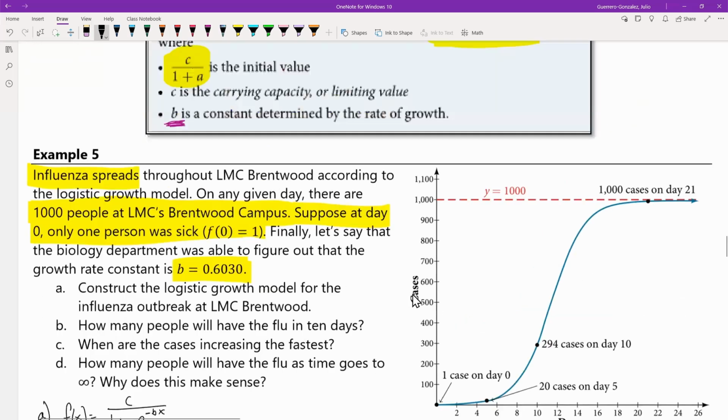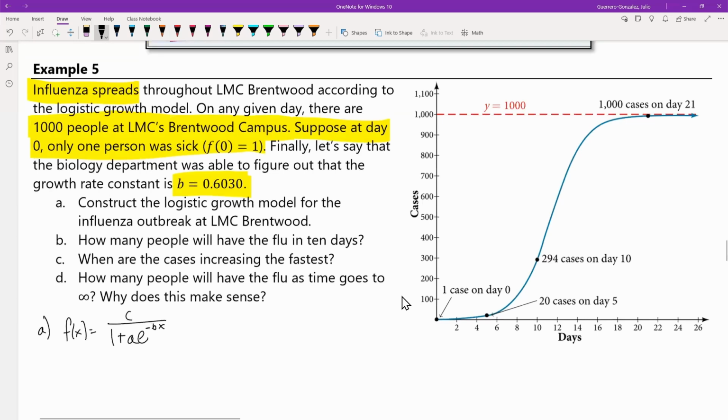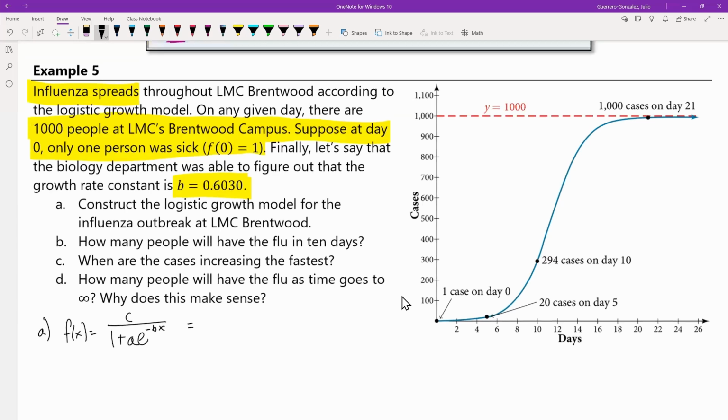It's got to look something like that. So I'm just writing it down for now. Our B we have already. So I'm going to do C divided by 1 plus A e to the negative 0.6030x. All right, we're making some progress.